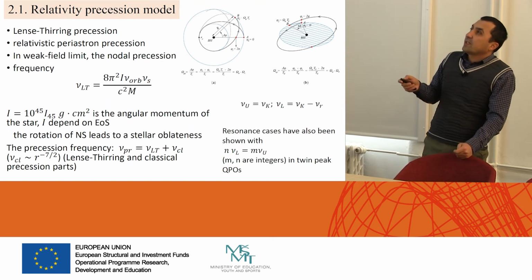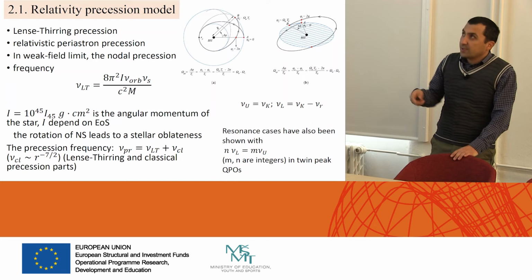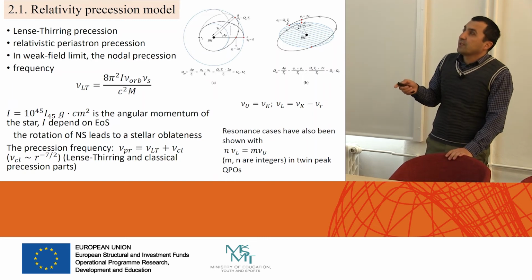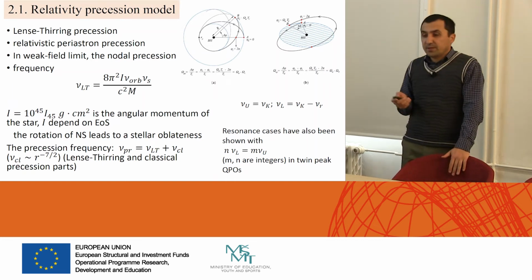Now it is relativistic effects in the accretion disk. So the relativistic precession model is a very simple model.